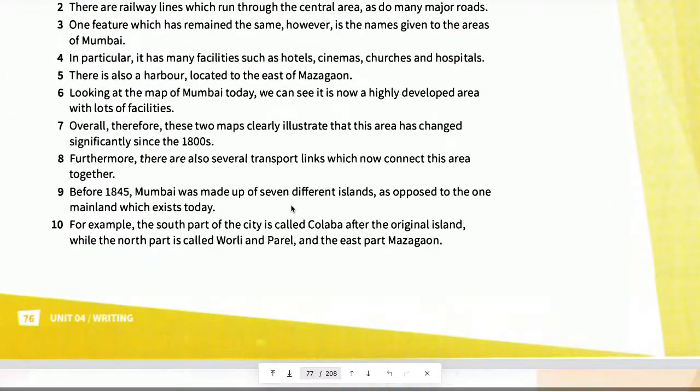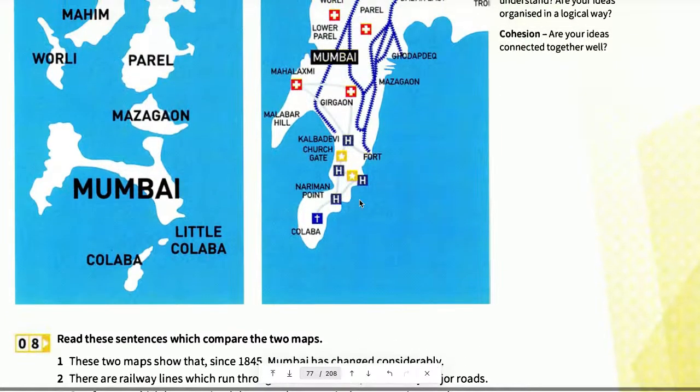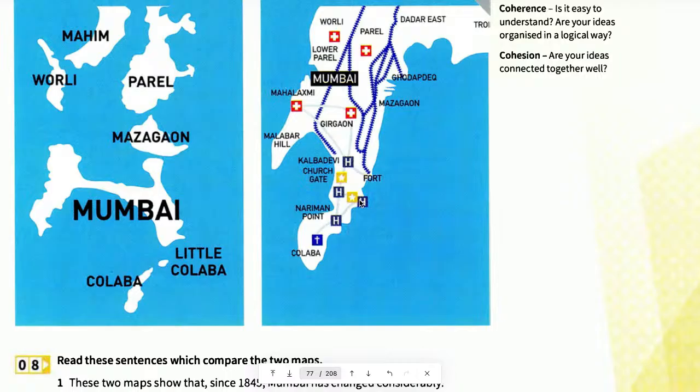Number 9. Before 1845, Mumbai was made up of several different islands, as opposed to the one mainland which exists today. Yes, before 1845, Mumbai was made up of 7 different islands. What are they?